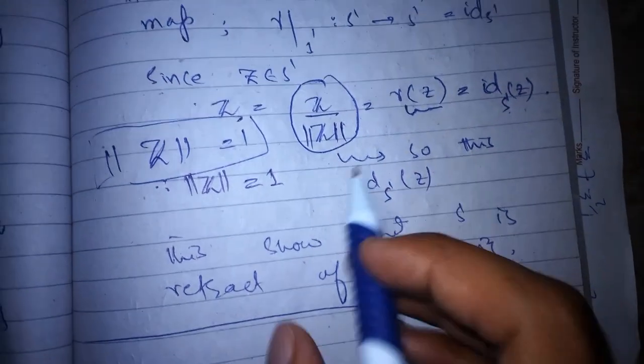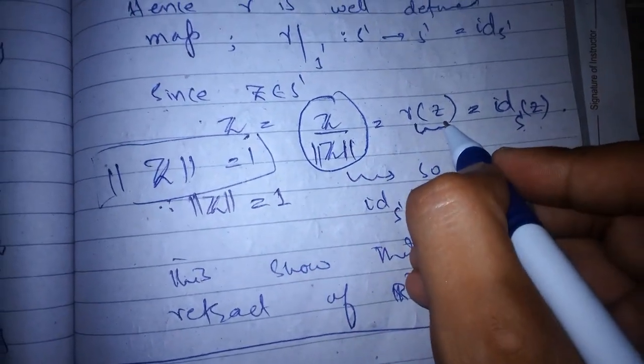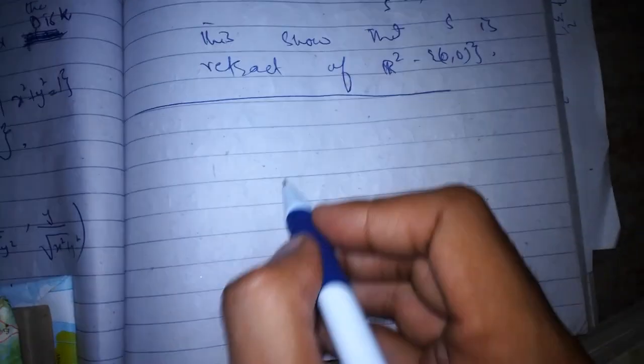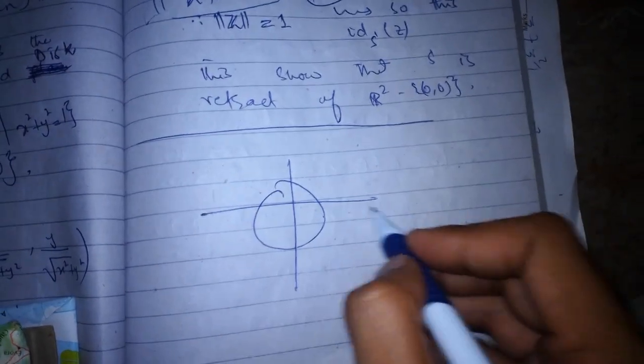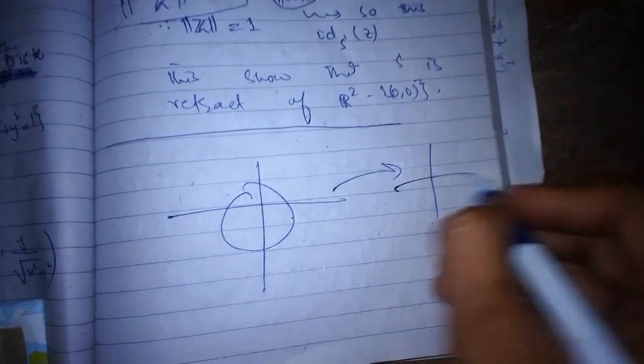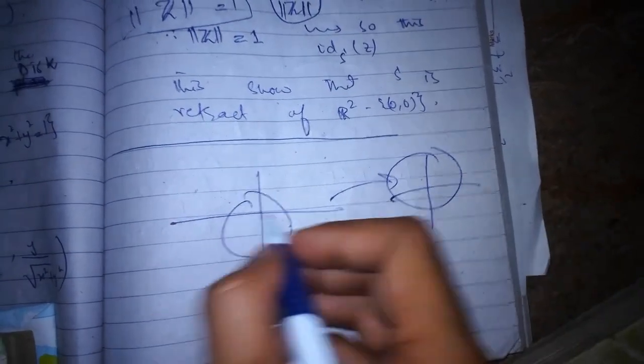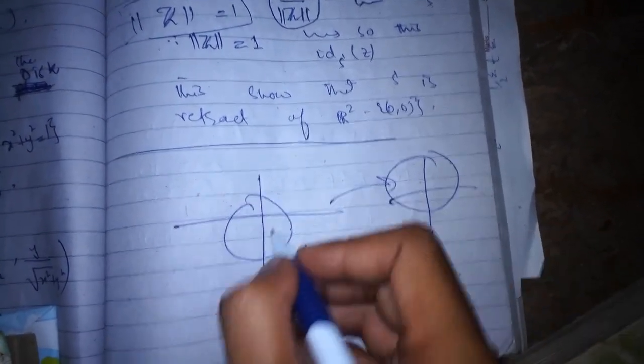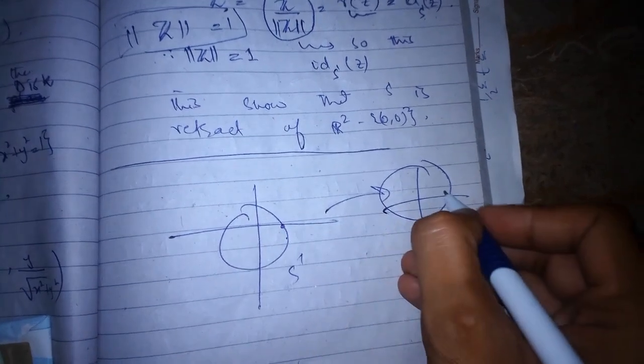So we can see that if we substitute every point from the circle, here is the domain and this is the codomain, S1 and S1. If we substitute this point, we will get this point.